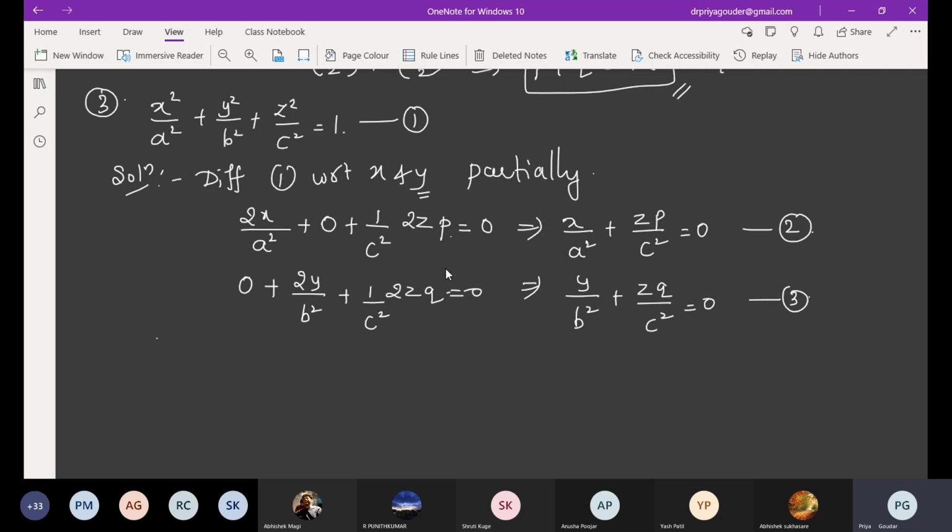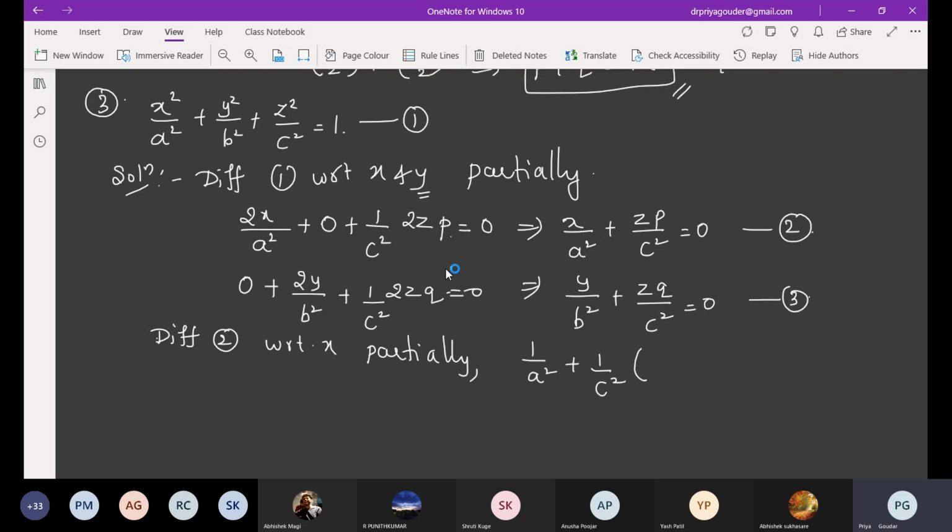That care you have to take. So here we'll take equation 2 and differentiate with respect to x partially again. So what is the derivative of x upon a square with respect to x? 1 by a square. Okay, plus here 1 by c square I'll take out.